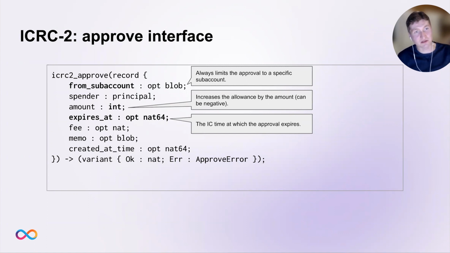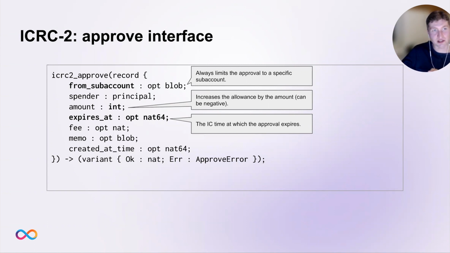So you can specify a sub-account if you want to allow only one sub-account of yours to have allowance. If you don't specify a sub-account, this will be your default sub-account.